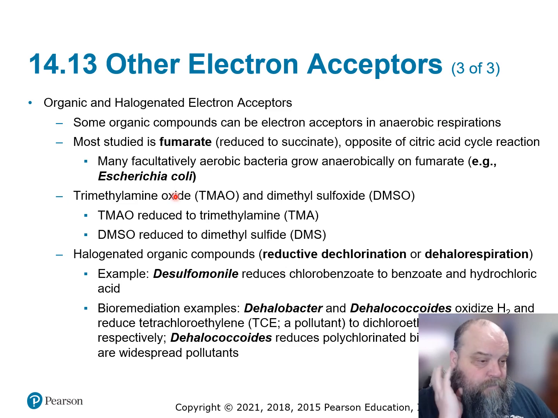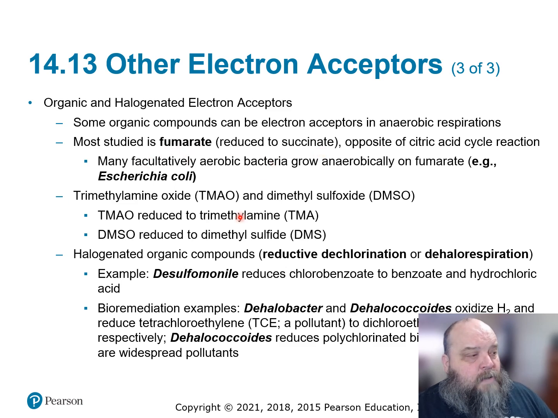E. coli can grow anaerobically on fumarate-containing media. It turns out it uses the fumarate, reducing it to succinate, which is the opposite of the citric acid cycle. The citric acid cycle will take succinate and turn it into fumarate, malate, oxaloacetate.